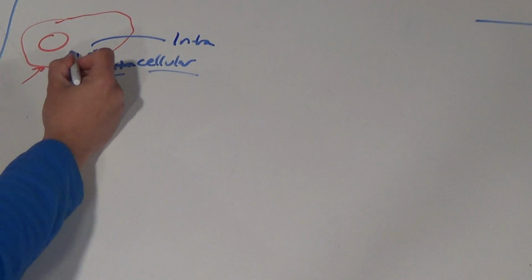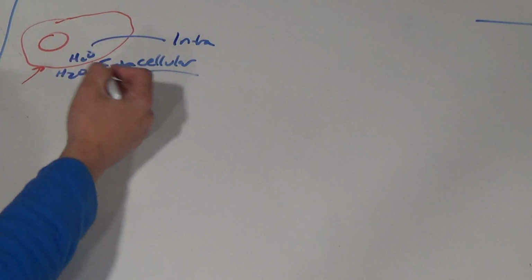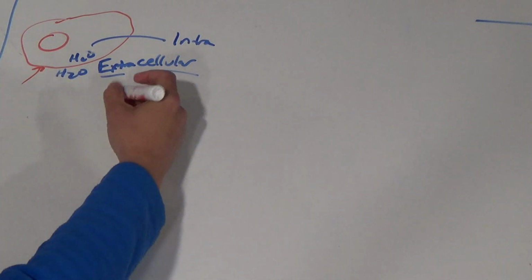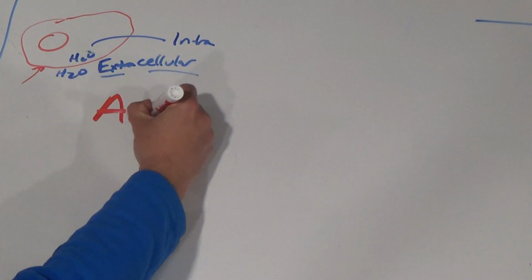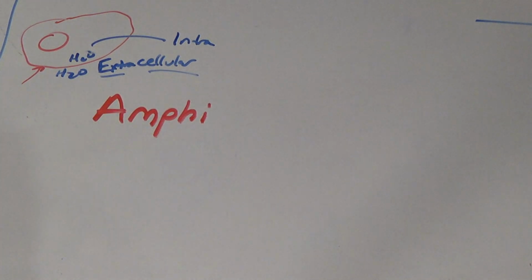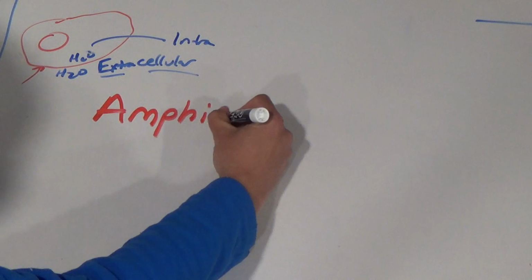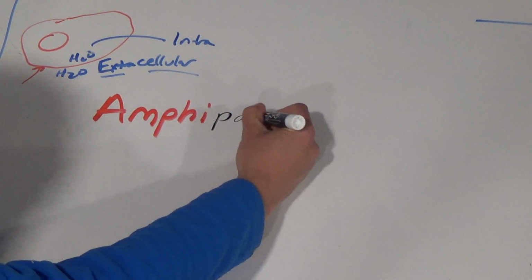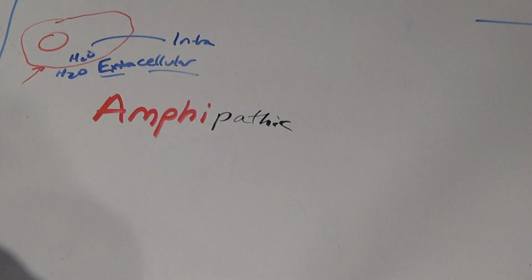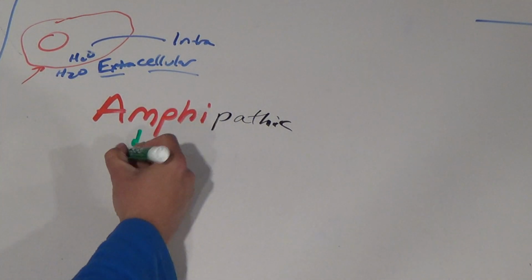Oops, sorry, that should be a negative. Oops, just put polar. But here's the thing. What is the cell membrane made of? Well, the cell membrane is a structure that is amphipathic. And amphi means both in Latin.